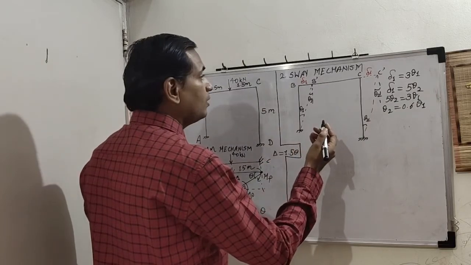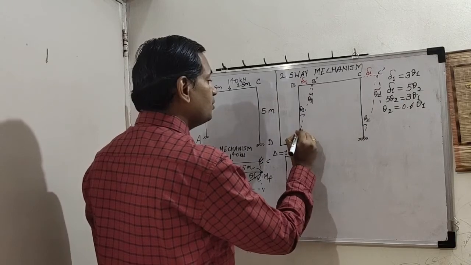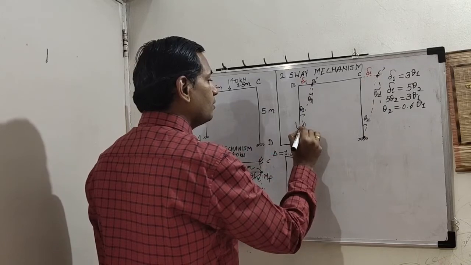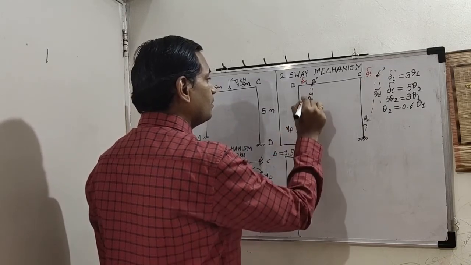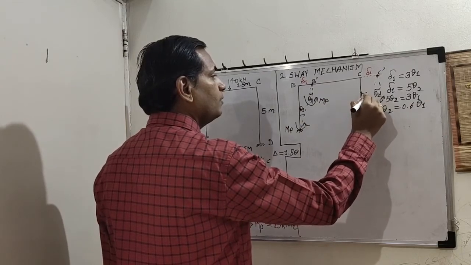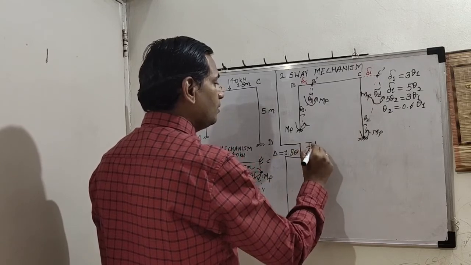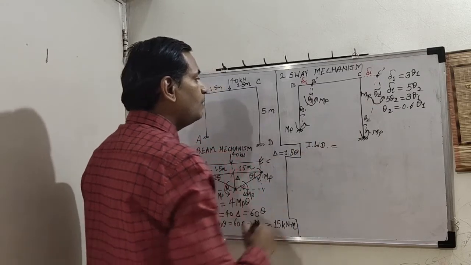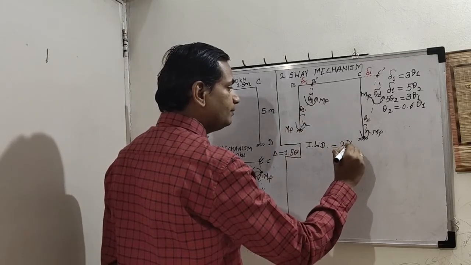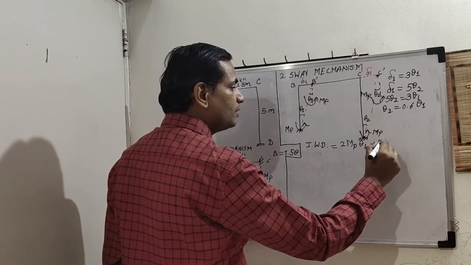So now, plastic hinge here, here, here, here. So MP everywhere. Correct? So internal work done is equal to MP theta 1 2 times plus MP theta 2 2 times.